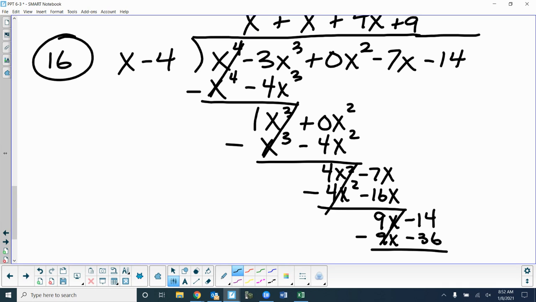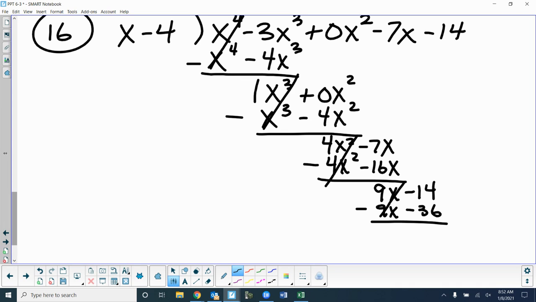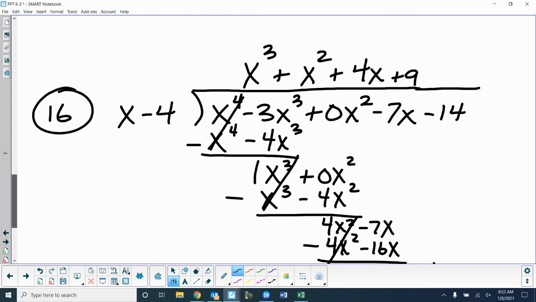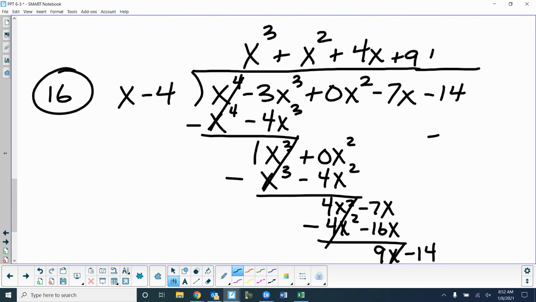Subtract. So again, minus negative. So negative 14 plus 36. What is that? No, negative 14 plus 36. 22. So that's my remainder. So I put up here plus 22 over x minus 4. Simple. Any questions before I move on to the easy stuff today?